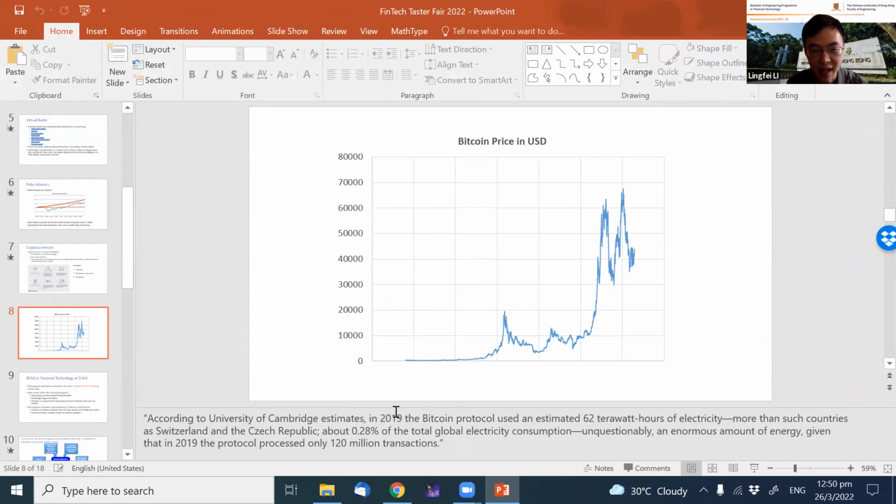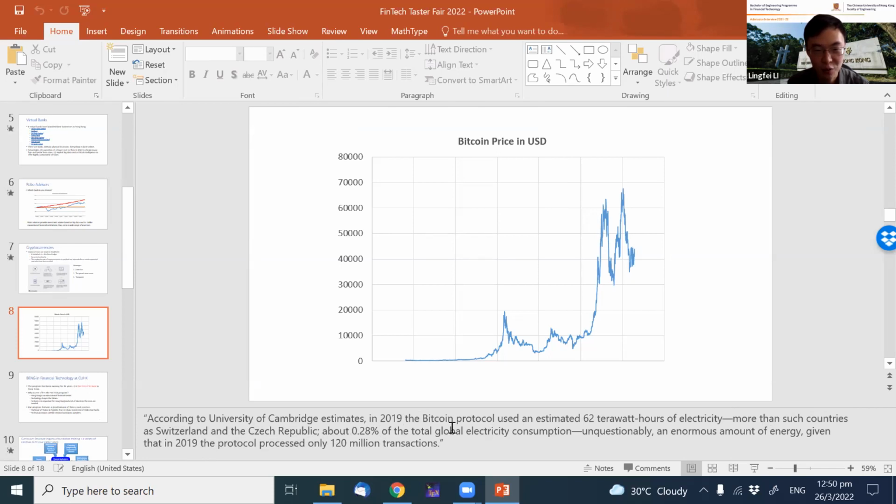The aggregate consumption of electricity for Bitcoin mining actually exceeds the aggregate consumption in Switzerland and the Czech Republic. Of course these are rather small countries, but still, this is a huge amount.